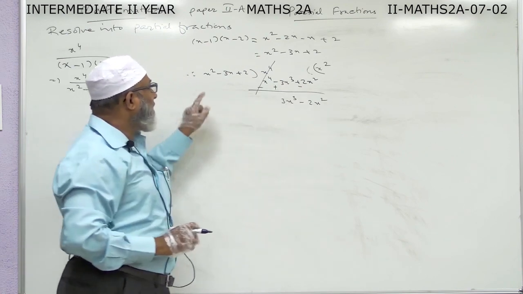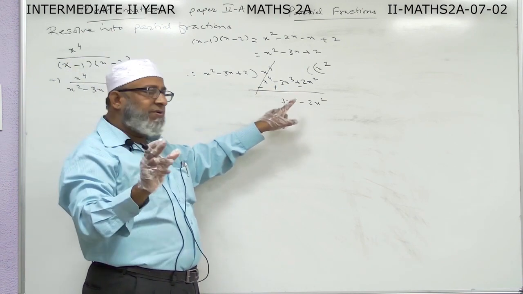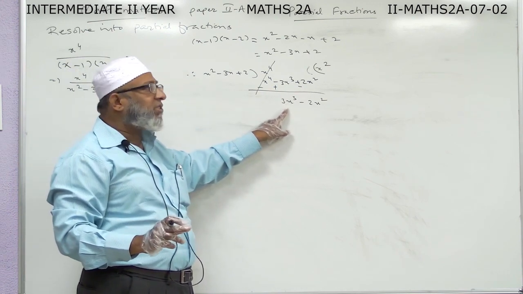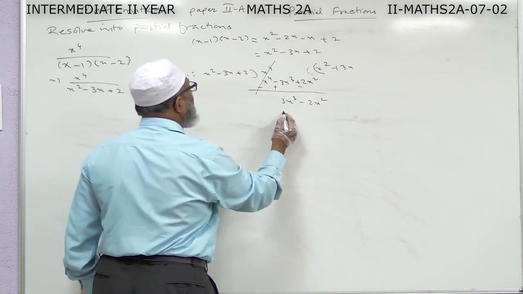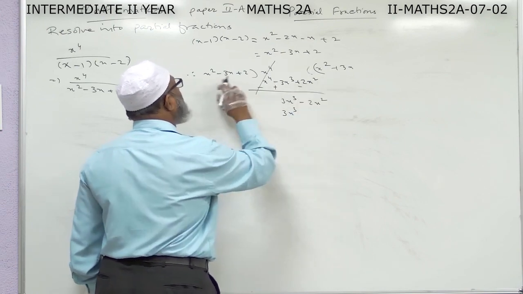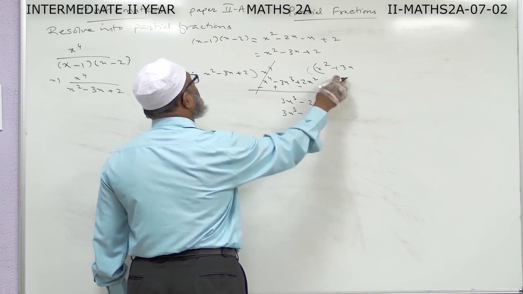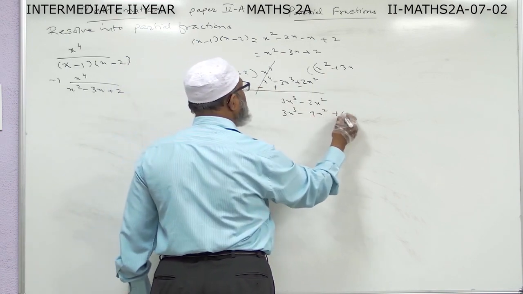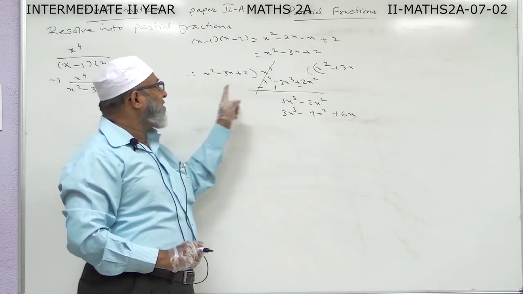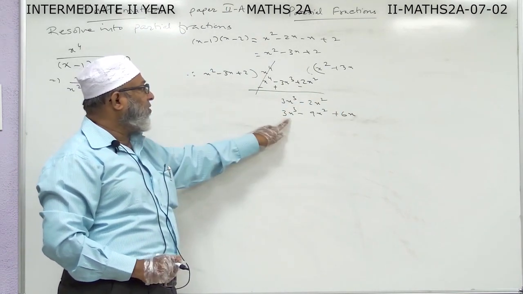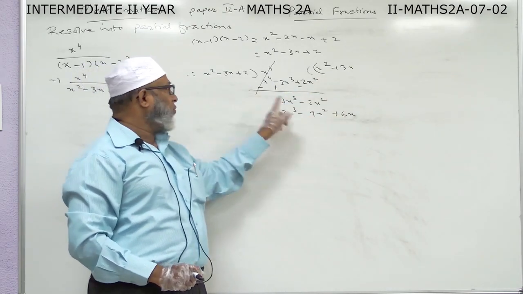Again, x square is there. I have to multiply by such a number that I must get 3x cube. So I am multiplying by 3x into this. 3x into x square, 3x cube. 3 into 3 is 9x square, minus into minus.